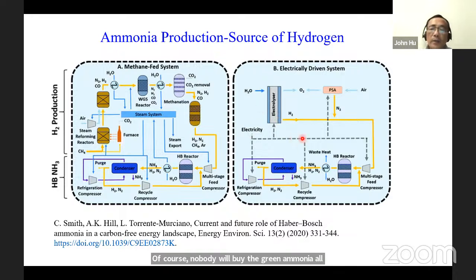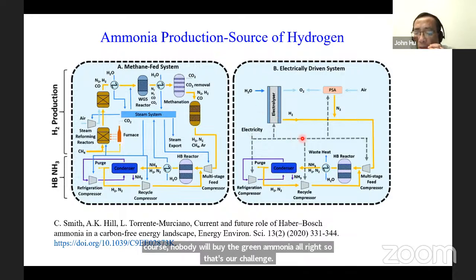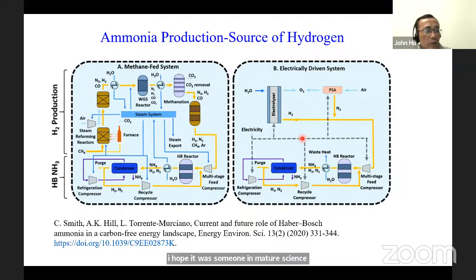The third challenge, I hope someone in material science or mechanical engineering understands fuel cells. In one of the lectures, I'm going to talk about the solid oxide fuel cell or the solid oxide electrolyzer, basically how we produce hydrogen using a solid oxide fuel cell. Basically, you run it in reverse. So another problem, the electrolyzer.